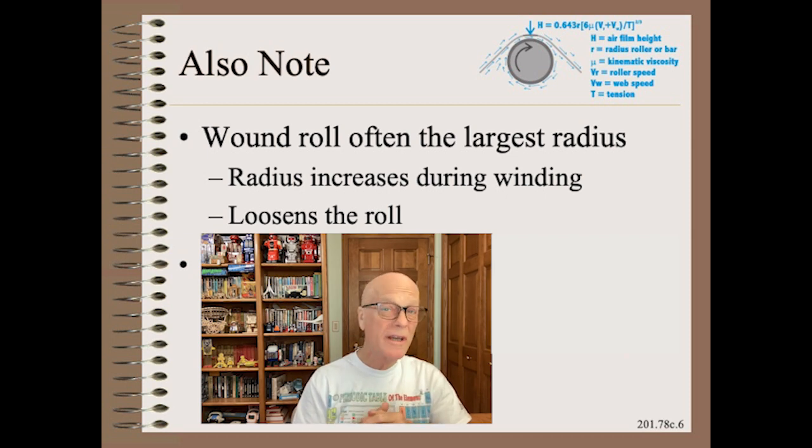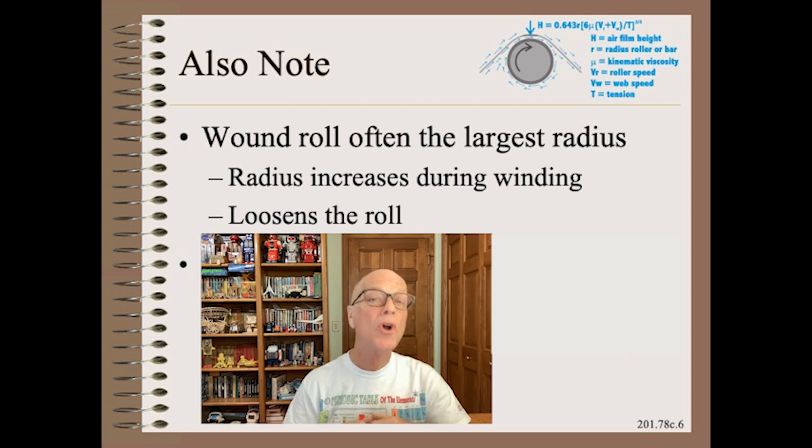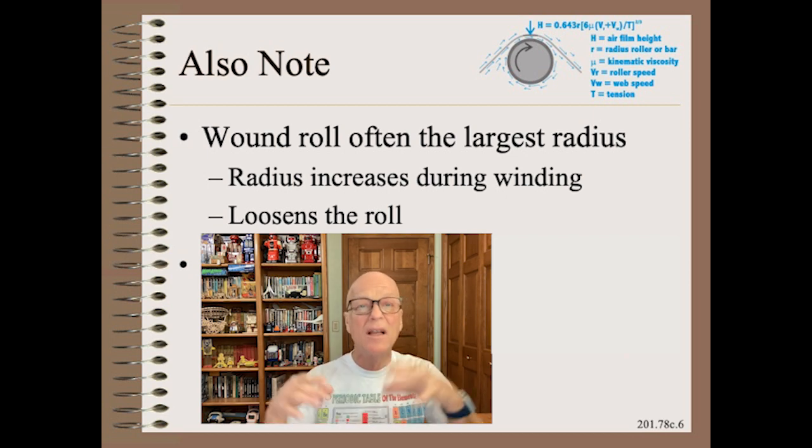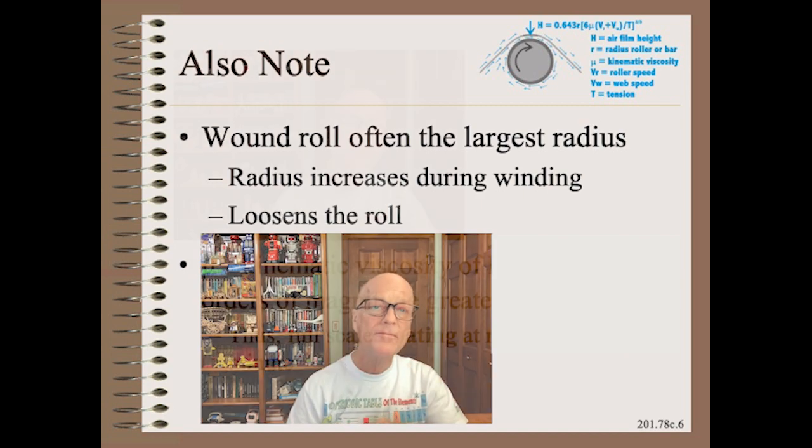Note that a similar looking equation applies to wound rolls that are wound without a nip. Since most wound rolls are bigger than most rollers, air entrainment during a simple center winding can be notable, especially as its effect on loosening the roll and on certain defects such as the air buckle.